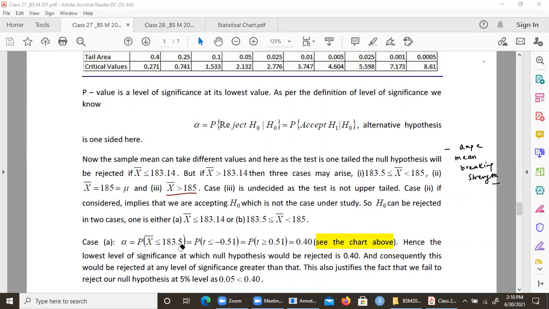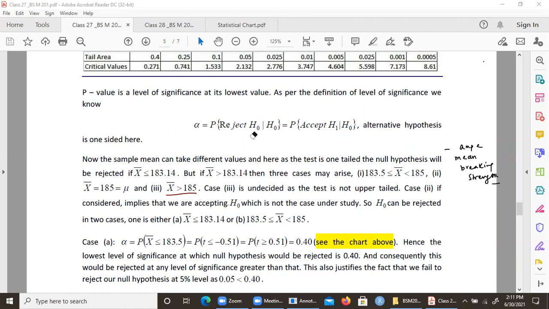And this should not be. You are going away from your population mean. That means whatever product you are preparing in your company is not meeting the specification. So there has to be some kind of bounds, because beyond that you cannot go. So if X bar comes less than 183.14, I am considering this to be the rejection region.